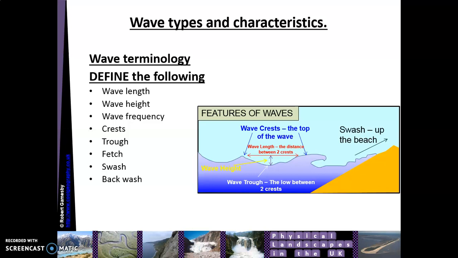You've got something called swash, which we will talk about a lot. Swash is where you're washing things up the beach, material from the sea. You can see this when sand is pushed up the beach. If you ever stood on the beach where the waves are breaking, and the sand washes between your feet as it's going up the beach, that's swash.